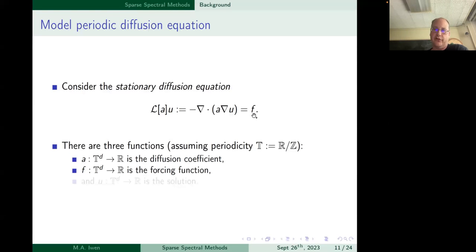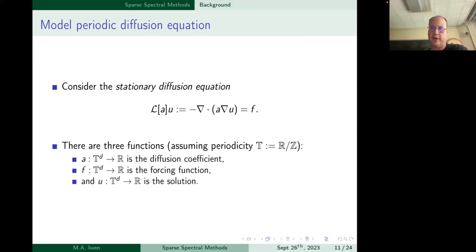And a forcing function f, again defined on the d-dimensional torus. So these two functions are given, or at least we're allowed to sample these. And then given knowledge of A and f, our job is to learn U given A and f. So our solution U is what we're after.